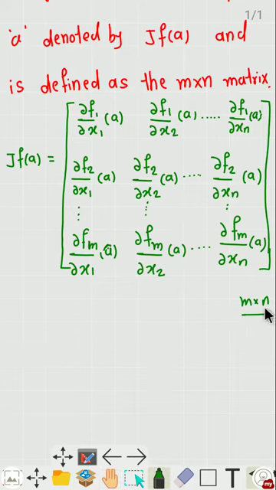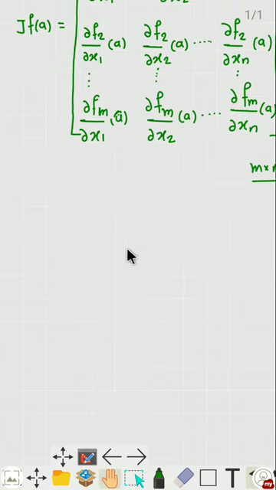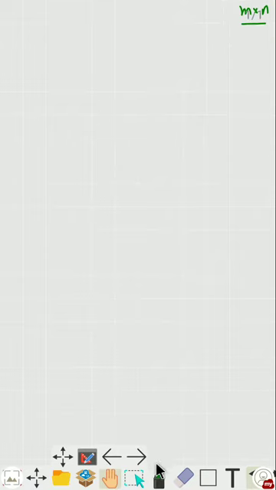Based on this, let us try to solve some problems now. Let us write example number 1.